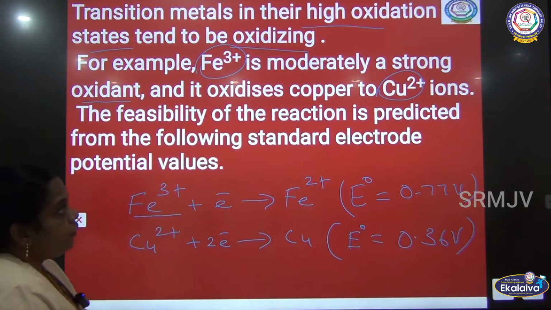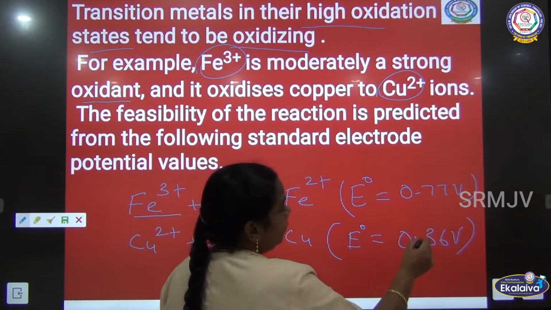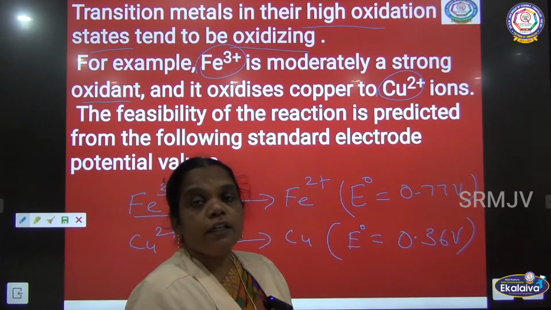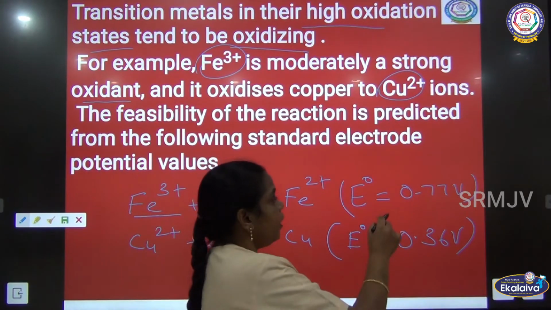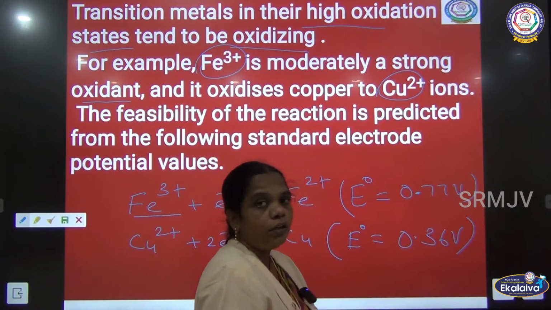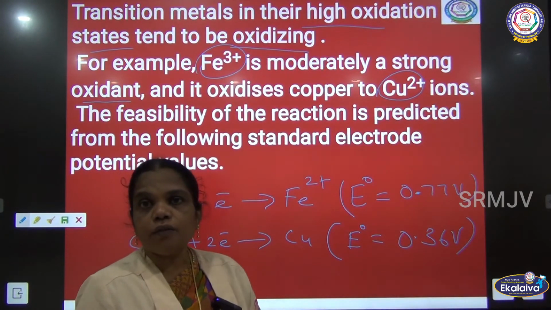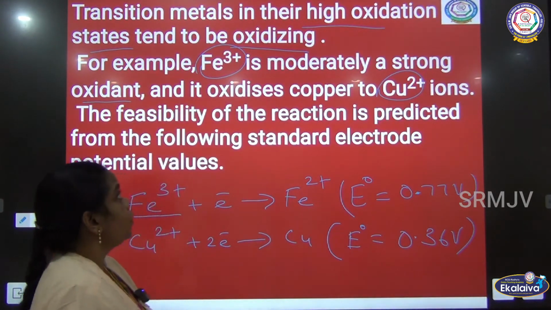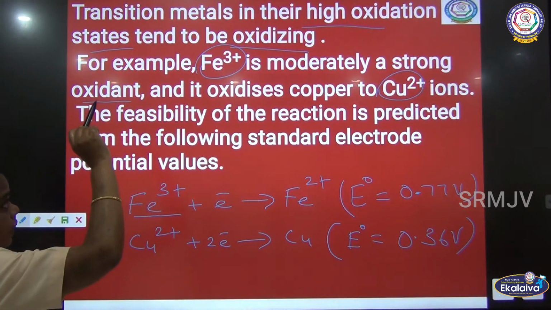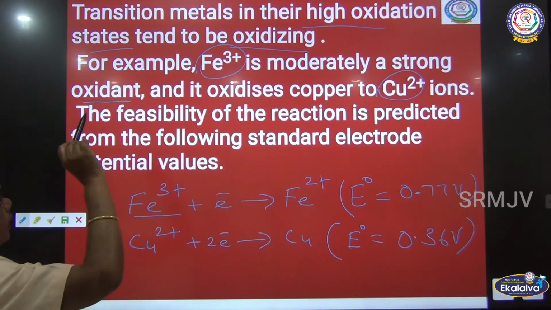Understand? So while comparing the standard electrode potential, iron has the higher standard EMF value, that is 0.77 volt, and copper has 0.36 volt. The higher oxidation states all act as oxidizing agents.